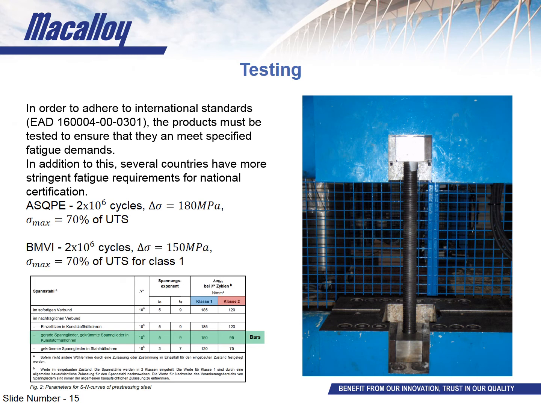And BMVI is the German Infrastructural Authority, and this has similar requirements, though you can see from the table on screen that it breaks down its systems into two classes depending on the stress range that they can withstand in a test, with class 1 being the harder to pass. Both of these criteria are much harder to pass than the standard requirements outlined in the EAD. These tests are in accordance with the relevant country's design codes and need to be passed in order to be used in all appropriate structures.